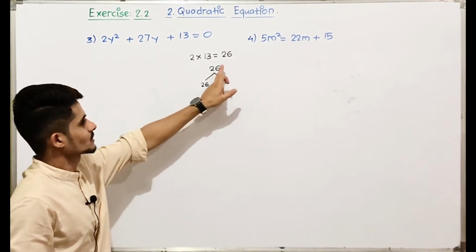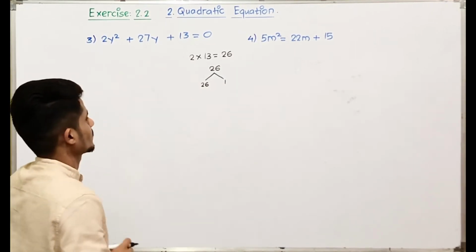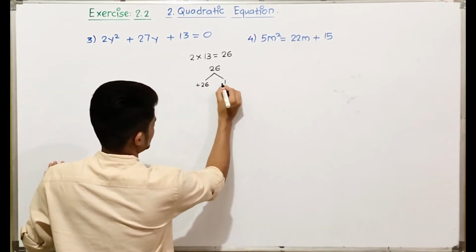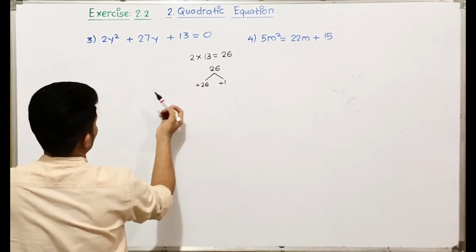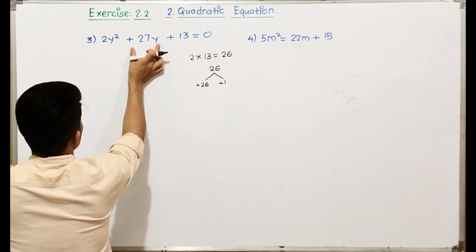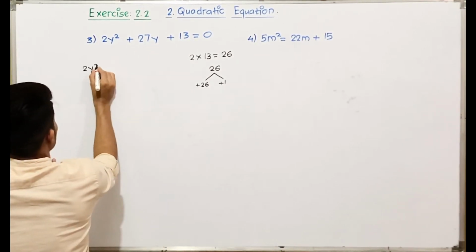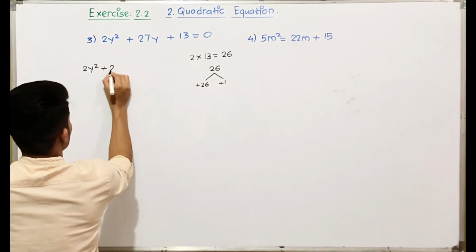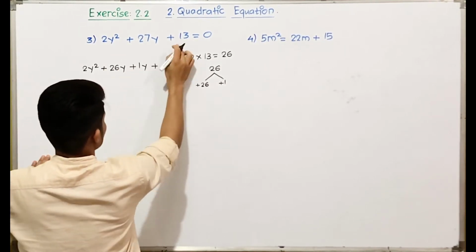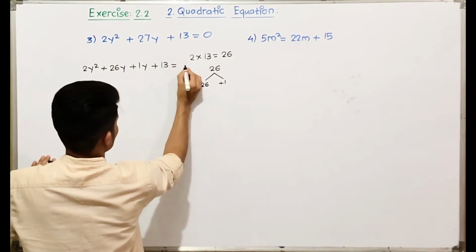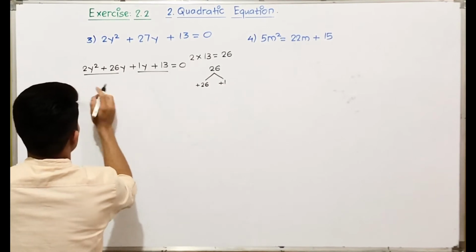26 into 1 is 26 and 26 plus 1 is 27. So the signs will be plus 26 and plus 1 because we want plus here and plus here. So we'll replace this with these numbers: 2y square plus 26y plus 1y plus 13 is equal to 0. Now we'll take common from these terms.